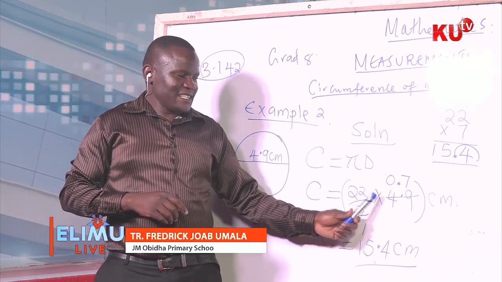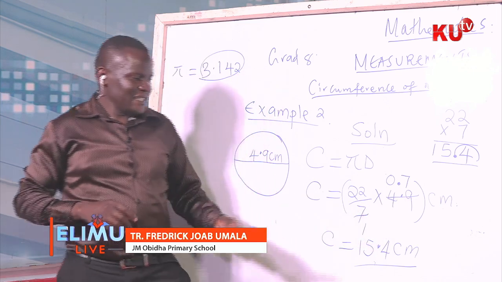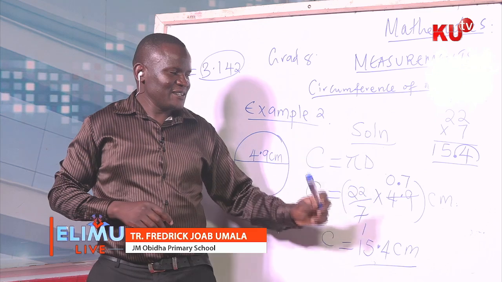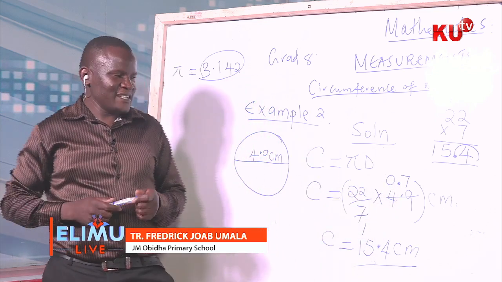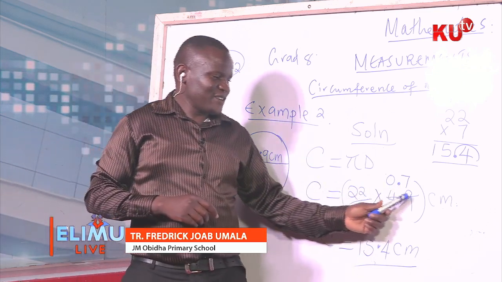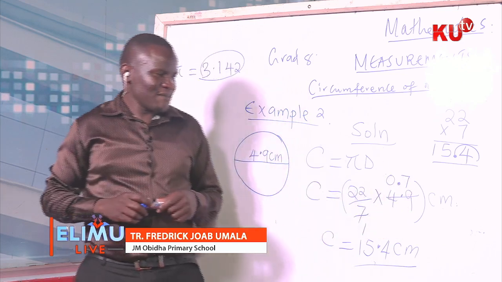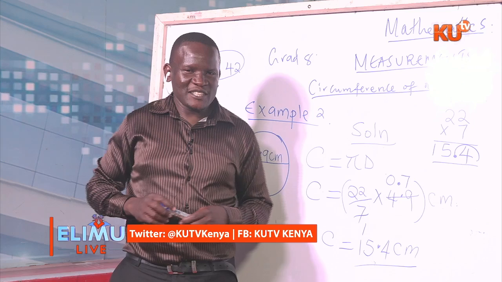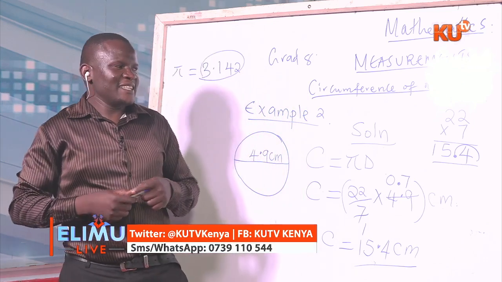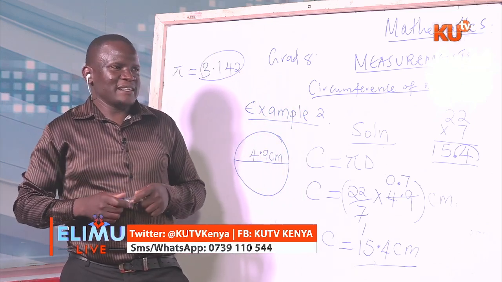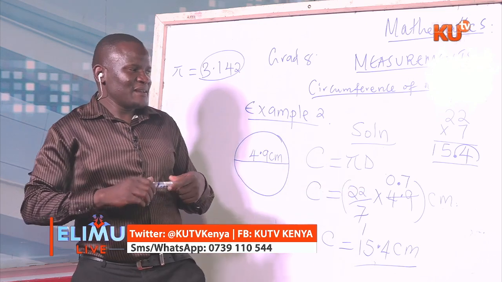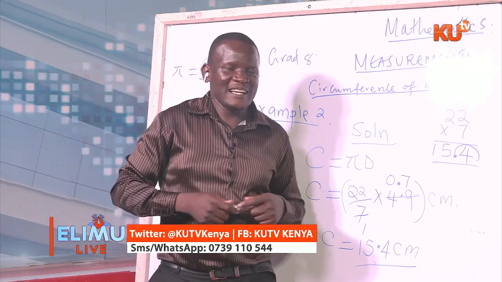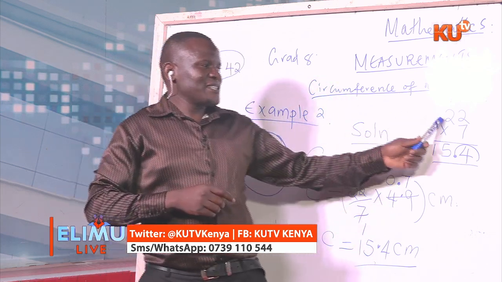So 22/7 times 4.9. 7 will go into 7 once, into 4, 0. We put our decimal point there, into 49, 7 times. So we have 22 supposed to be multiplied by 0.7. And I said earlier that when you are multiplying, you assume the decimal point and introduce it later on in the answer that you will get. So we have our 22.